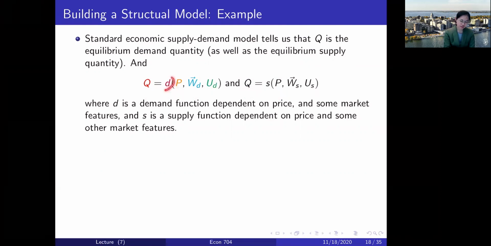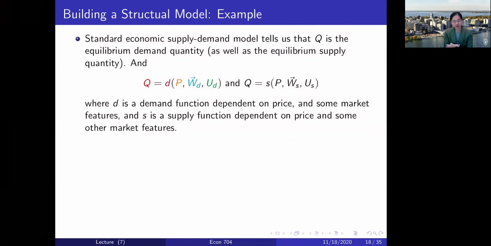Here, D is the demand function and S is the supply function. WD is the vector of observable market features that enters the demand function, and WS is the vector of observables that enters the supply function. UD is the unobservable counterpart of WD, and US is the unobservable counterpart of WS.